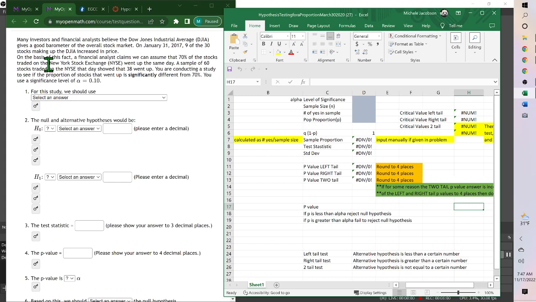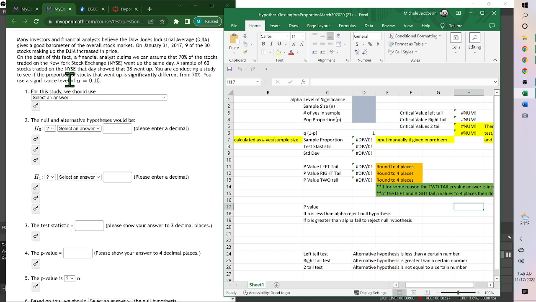On the basis of this fact, a financial analyst claims we can assume that 70% of the stocks traded on the New York Stock Exchange went up the same day. So the proportion would be the 70%. And we want to test that it's significantly different from 70%.